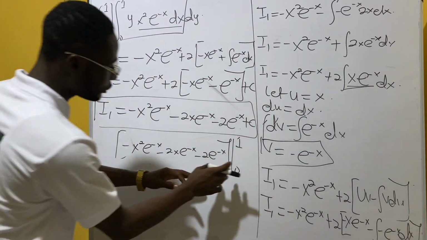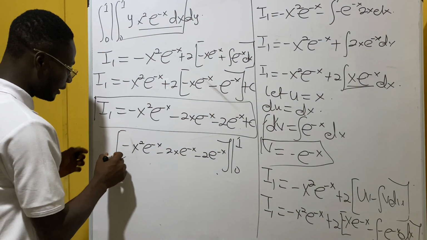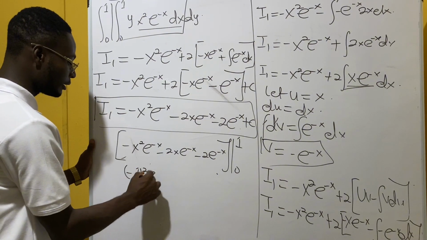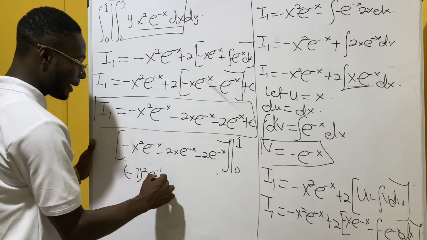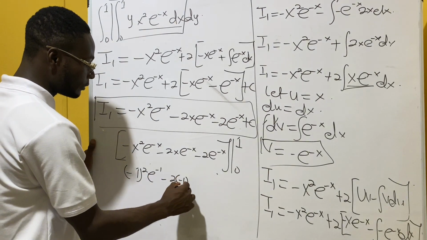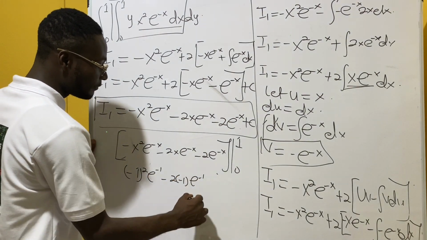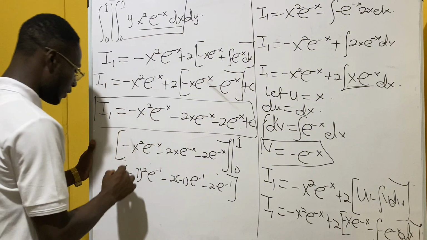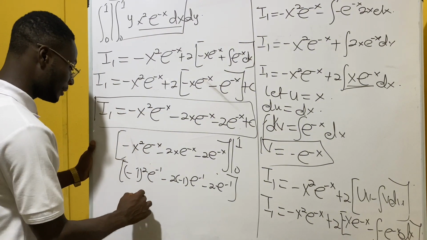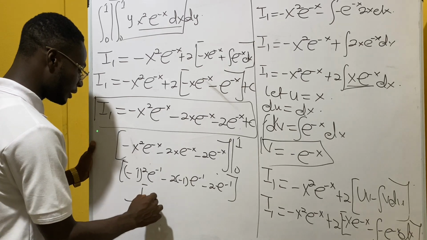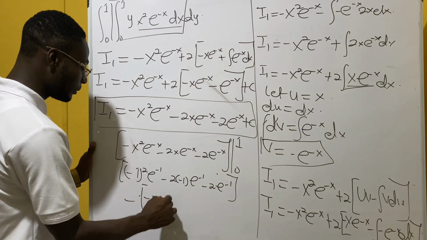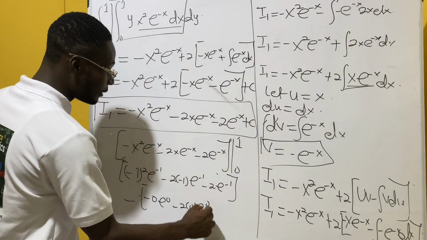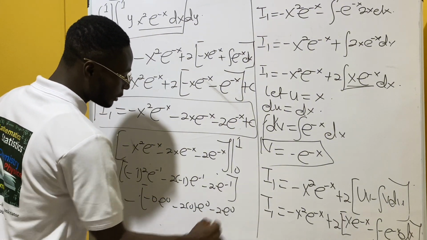Substituting the limit, we have negative 1 squared e power negative 1, minus 2 into 1 e power negative 1, minus 2 e power negative 1, all of this minus negative 0 squared e power 0 minus 2 into 0 e power 0 minus 2 e power 0.